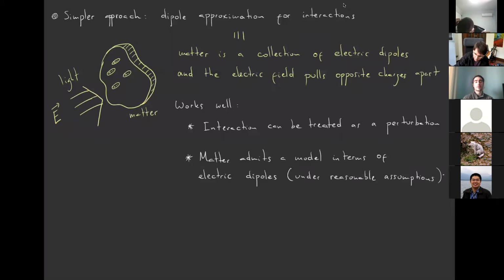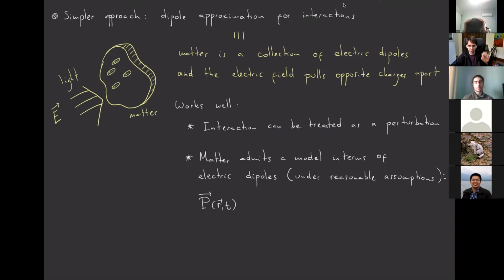When this happens, when matter admits a model in terms of electric dipoles, this essentially means that we can define a vector field at all points of the material.